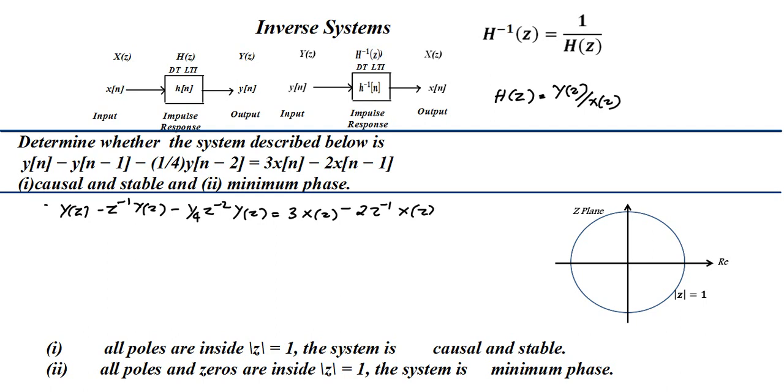Now we take Y(z) and X(z) as common and find the ratio Y(z) by X(z), so it becomes (3 - 2z^-1) divided by (1 - z^-1 - 1/4 z^-2). Now we can make it positive powers, so we need to multiply both numerator and denominator by z squared.